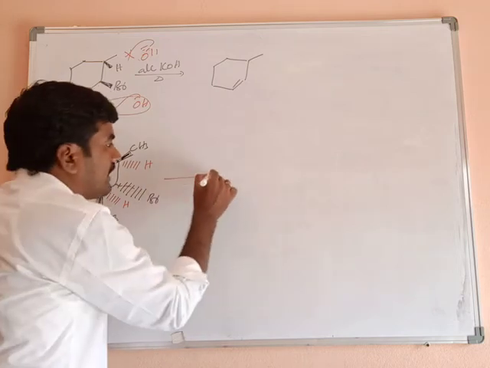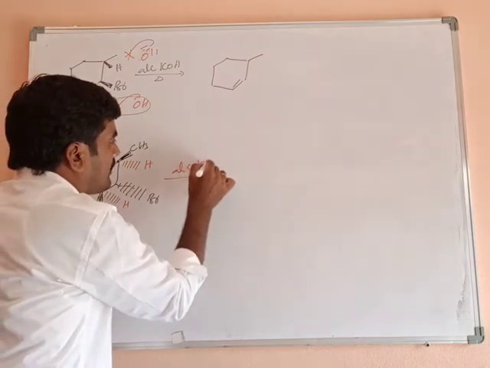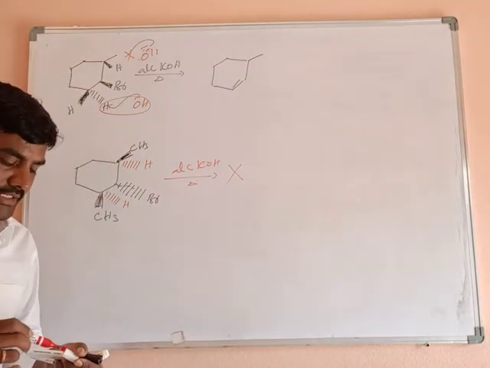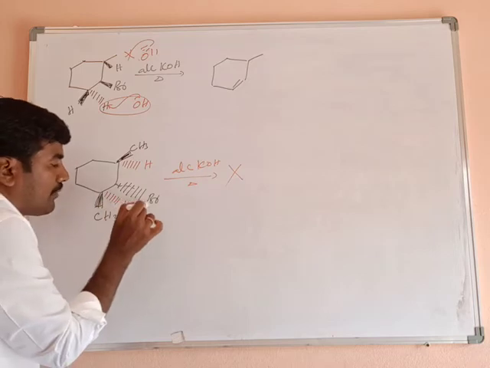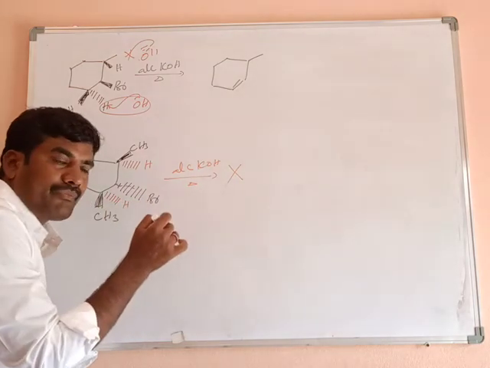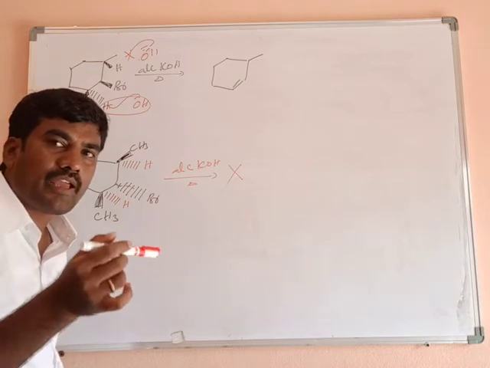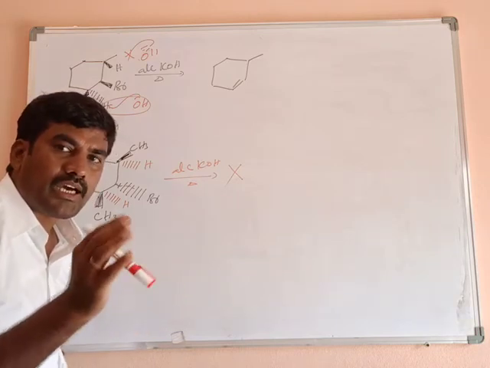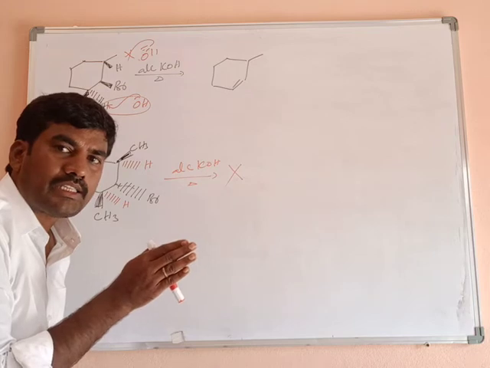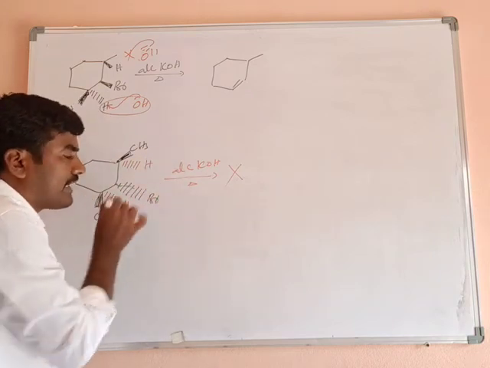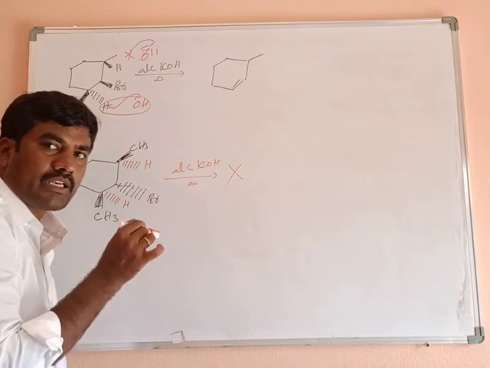So this reaction with alcoholic potassium hydroxide is not carried out. The product will not form because bromine is inside the plane, and the hydrogen atoms on the adjacent carbon beta positions are in the same plane. All lie inside the board, the same plane. So the bromine is electron rich, the electronic cloud is there.